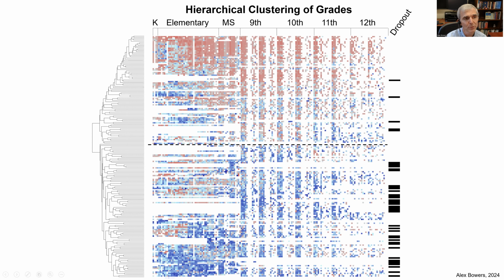Then it goes core subjects to non-core subjects. And you can see that the students who get high grades are taking the core subjects in ninth grade and 10th grade, and then it begins to become more diffuse as they distribute out into the more non-core subjects by the time they get to 11th and 12th grade. Interestingly, you can see exactly that same thing happen here, but much earlier for the students who are getting low grades.